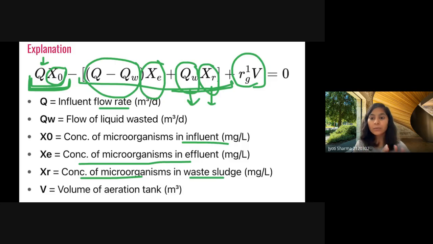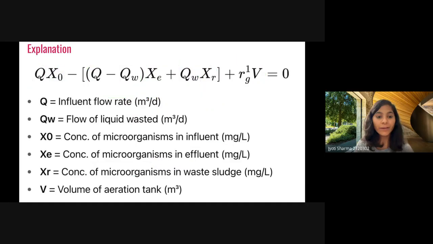Based on that we have a numerical question as well, but just keep in mind: inflow rate of microorganism minus outflow rate of microorganism plus growth rate will be equal to 0. If you have any problem with this equation, you can let me know.